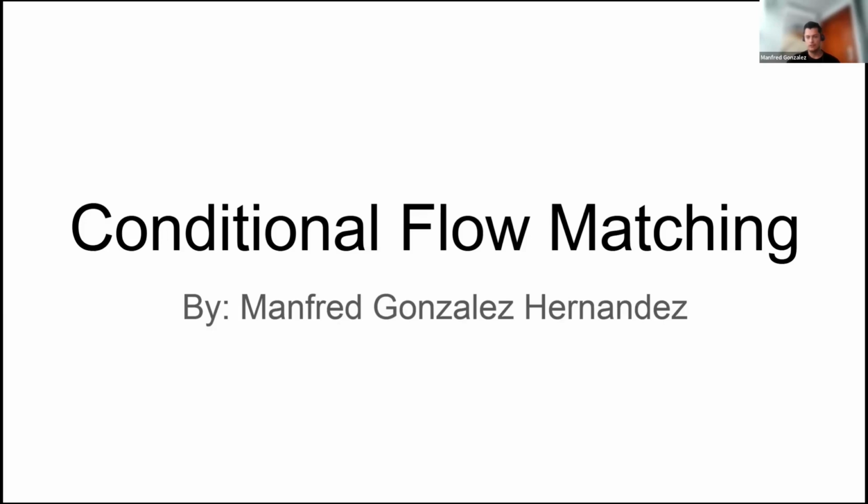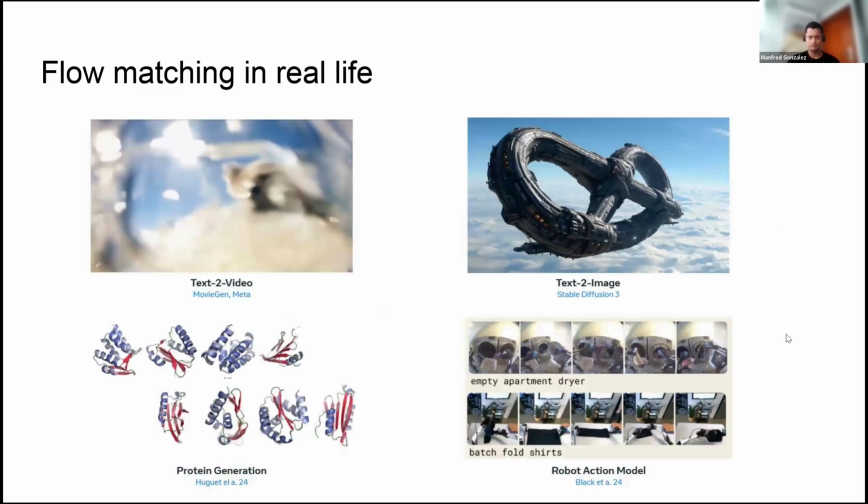So I think you guys have seen, for example, some real life applications where you can just write a prompt and you can create a video, like Movie Gen from Meta, also text to image from Stable Diffusion 3. In these two applications, you basically have flow matching directly in their algorithms, right?